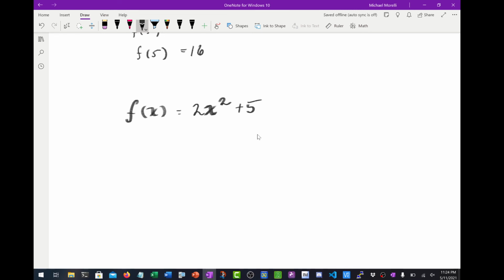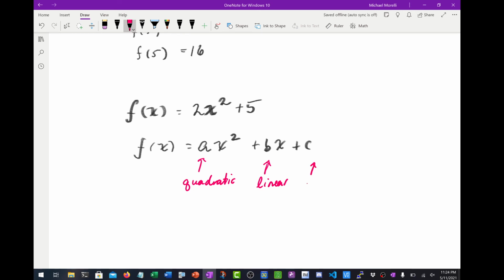Okay, so here's the thing. Quadratic functions are typically written f of x equals ax squared plus bx plus c. This is called the quadratic term. This is called the linear term.